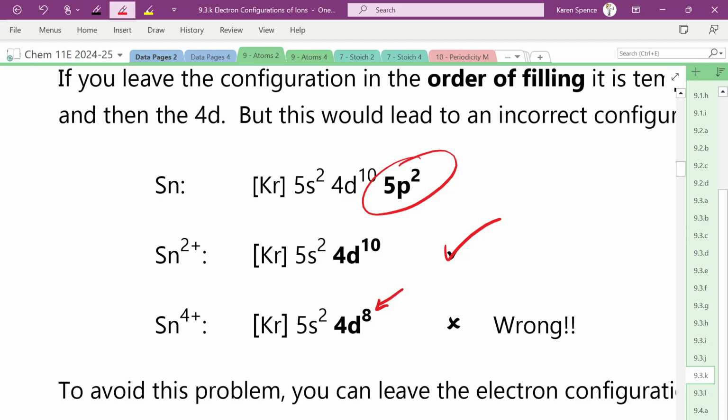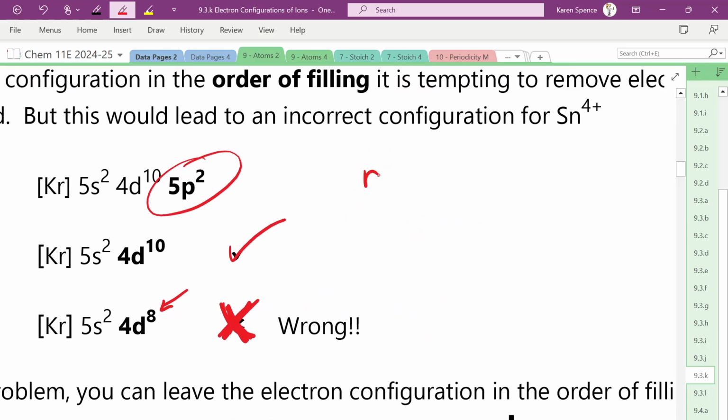But you might think, oh, who's next? Two of those 4d electrons. And if you thought that, you would be wrong. Because you always take from the highest energy level first, which means you're removing p first, then you remove s second, and only then, and I don't know when this would happen, you would remove d third.